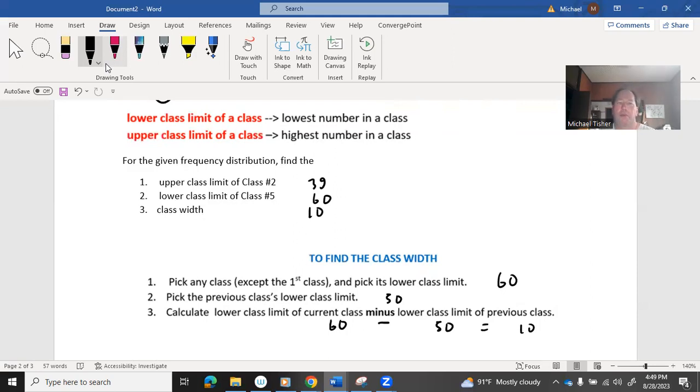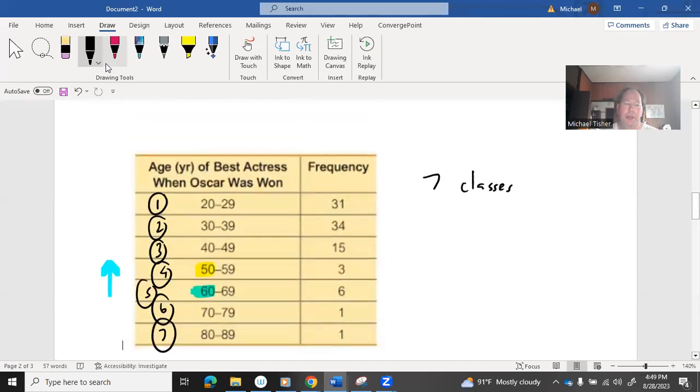Now maybe you wonder, why is 10 the class width? Well, more or less, the class width tells us how many numbers are in a class. So if I look at class number 1, the ages range from 20 to 29.